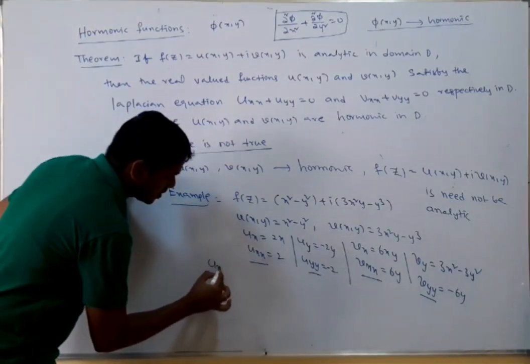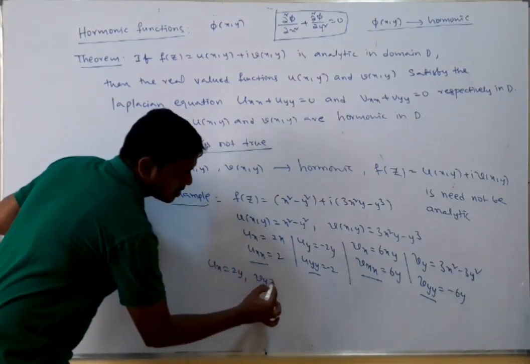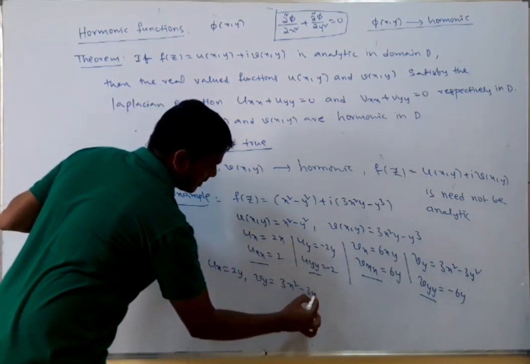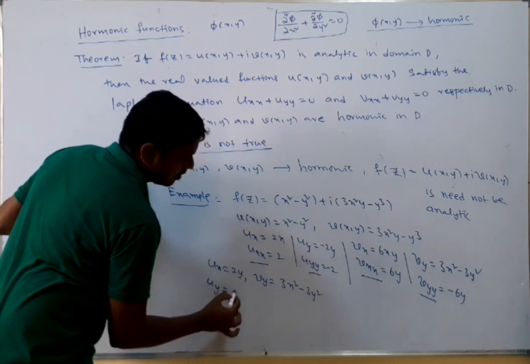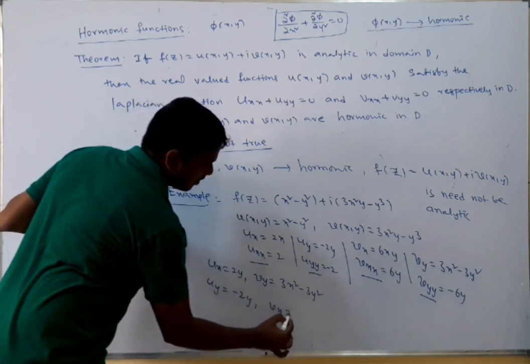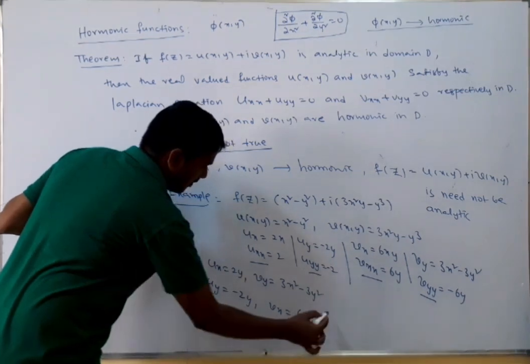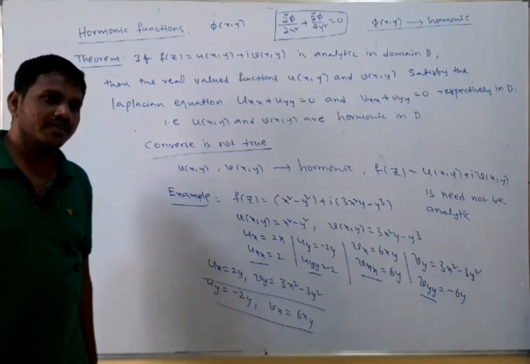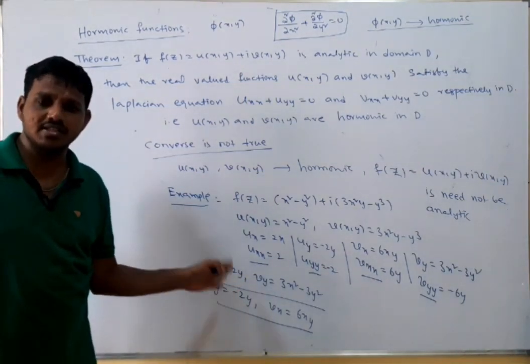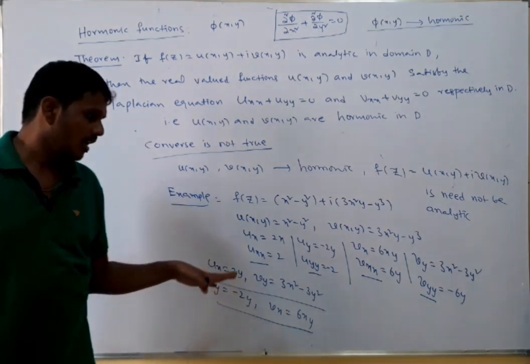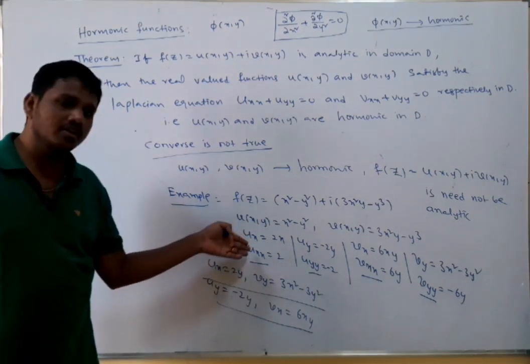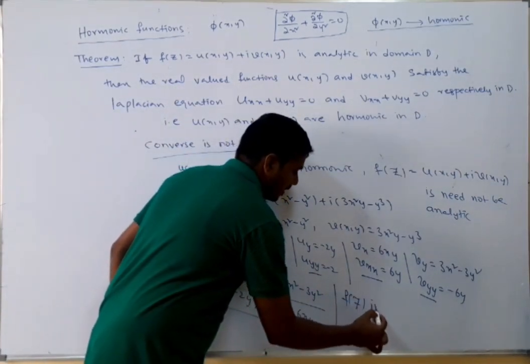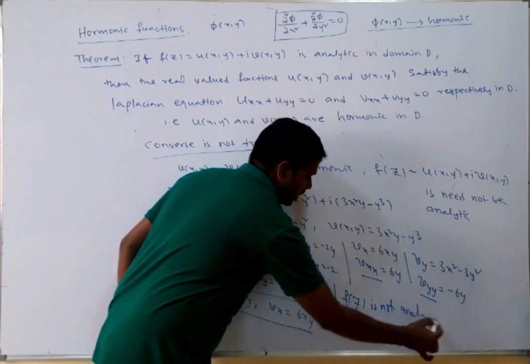See, u_x is equal to 2x, v_y is equal to 3x square minus 3y square, u_y is equal to minus 2y, v_x is equal to 6xy. Clearly, f of z does not satisfy the CR equations. Not satisfying the CR equations means it is not analytic. If it is analytic, then it satisfies the CR equations, right? The first order derivatives may be continuous, but the CR equations are not satisfied. Therefore, f of z is not analytic.